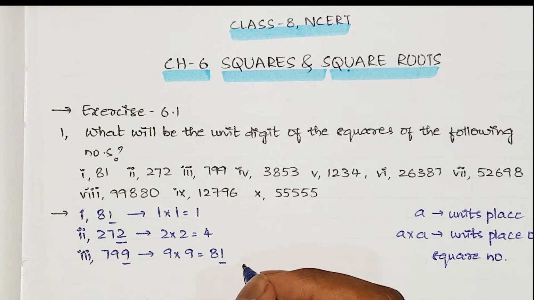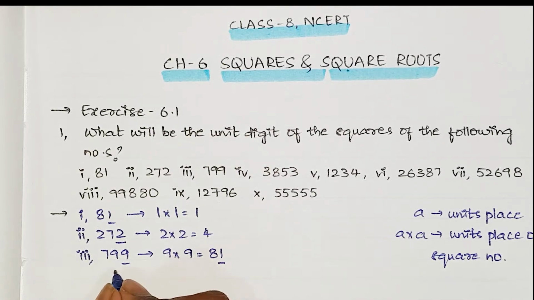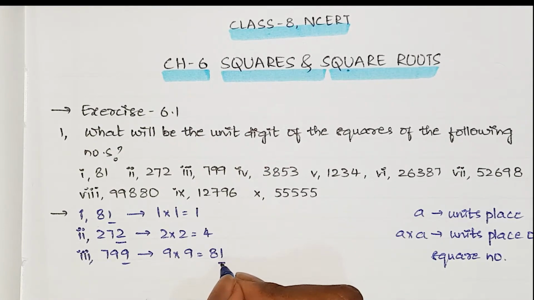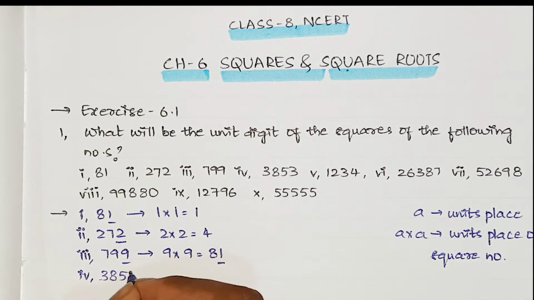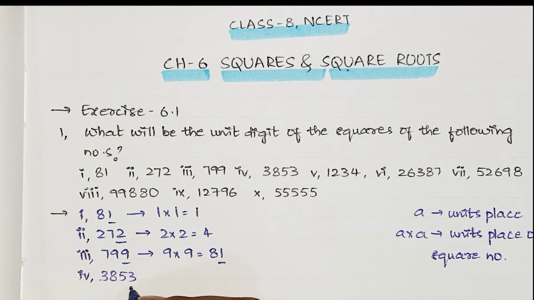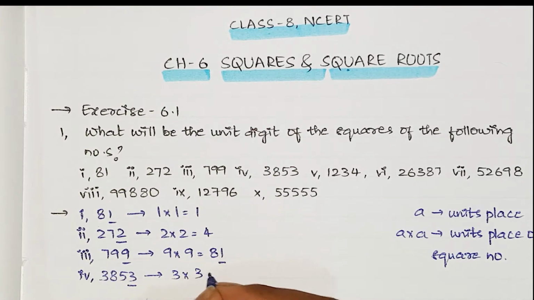Therefore, the units digit of 799 whole square is going to be 1. Now we will do the fourth one, 3853. The units digit in it is 3. So 3 into 3, that is 9.